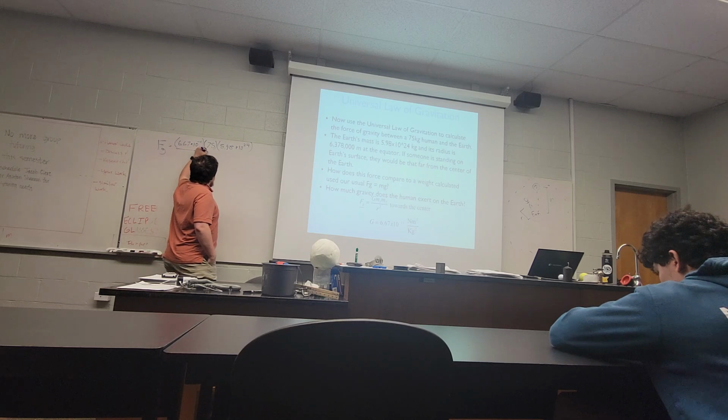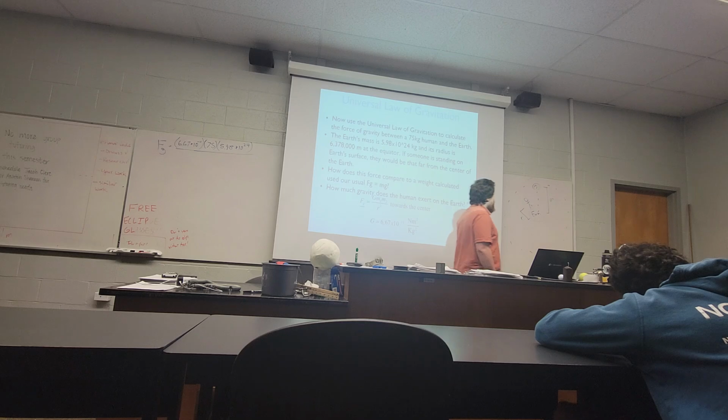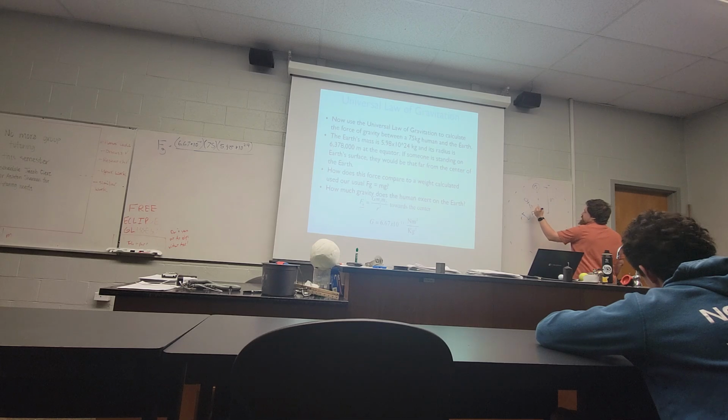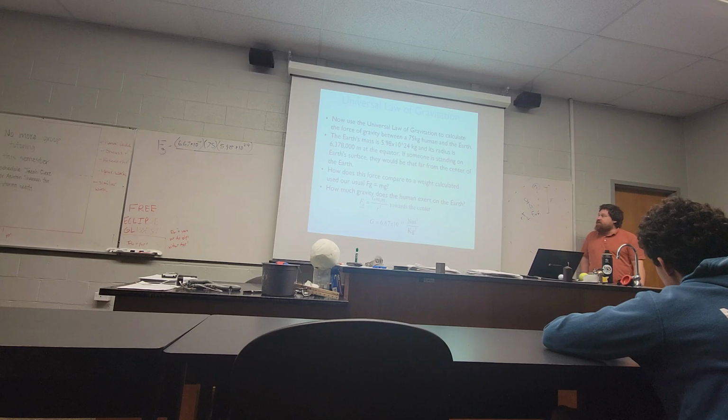And then for R, since the human is standing on Earth's surface, considering that their center of mass is there, I just drew the person very big for dramatic effect.